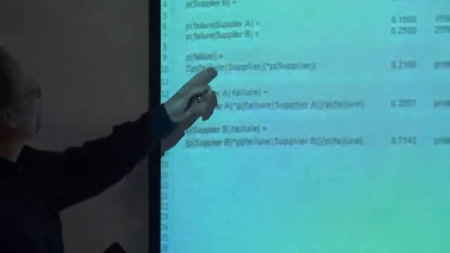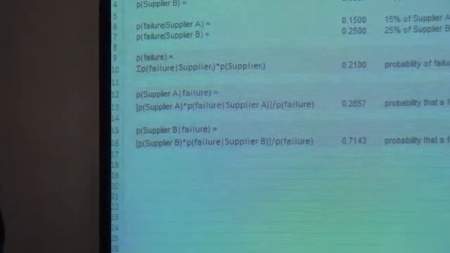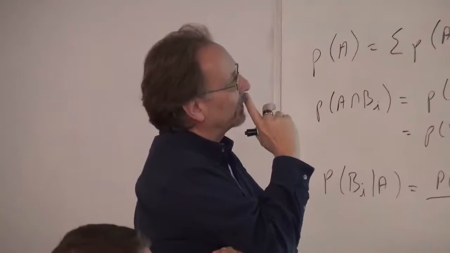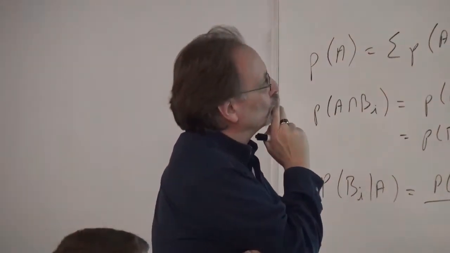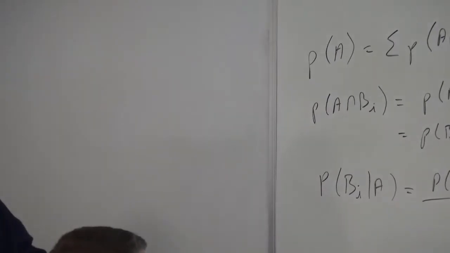Oh, yeah. This is the part that has to be summed first before you multiply it. But wait a minute, did I write that incorrectly? Because that comes out at 0.7. Oh, it's multiplication.